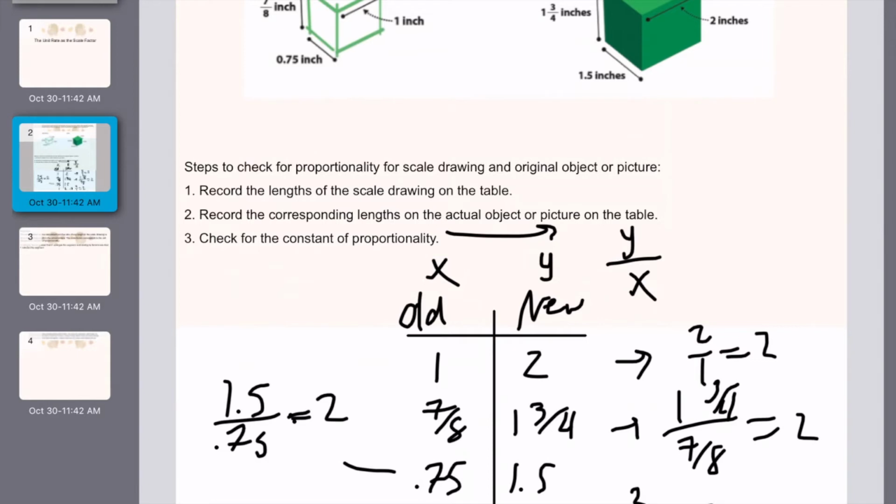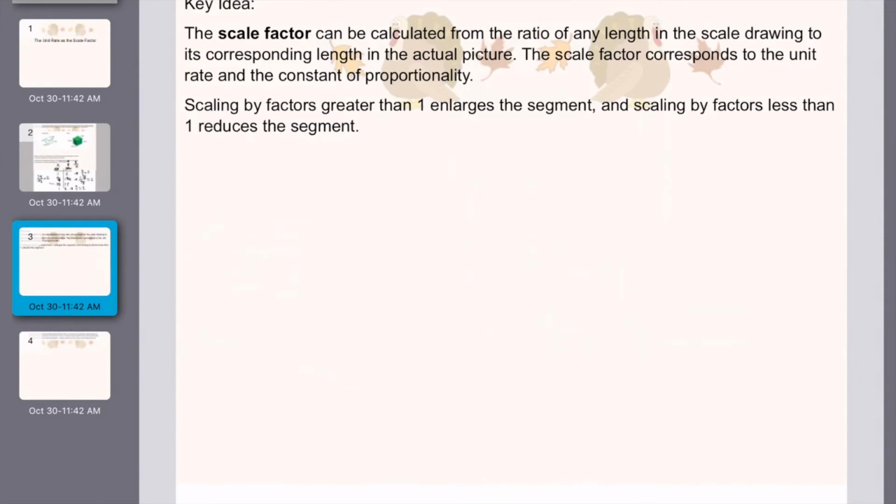And that brings me into our definition that's key for this video. The scale factor can be calculated from the ratio of any length in the scale drawing to its corresponding length in the actual picture. The scale factor corresponds to the unit rate and the constant of proportionality.